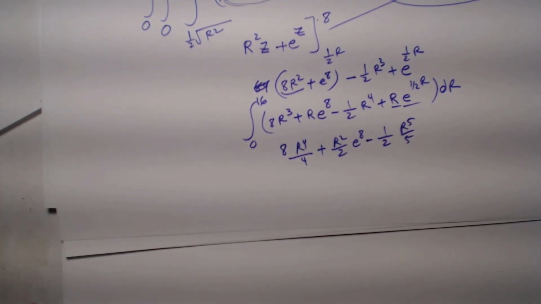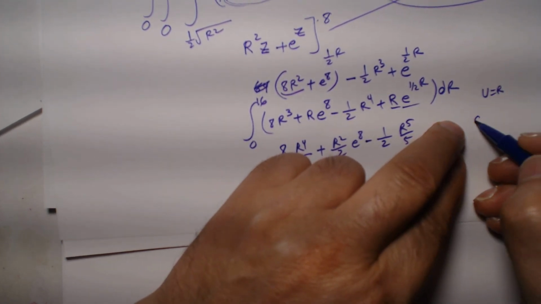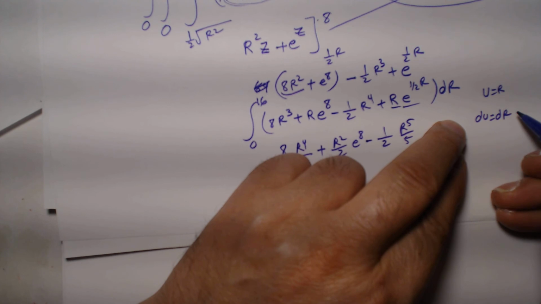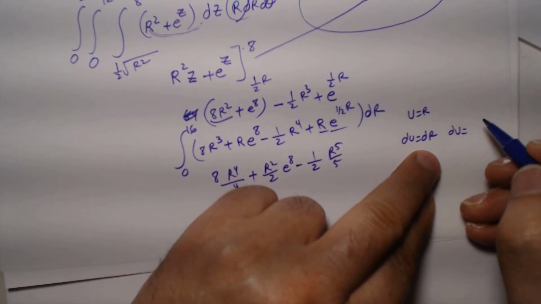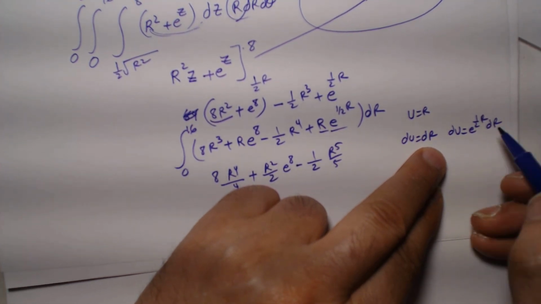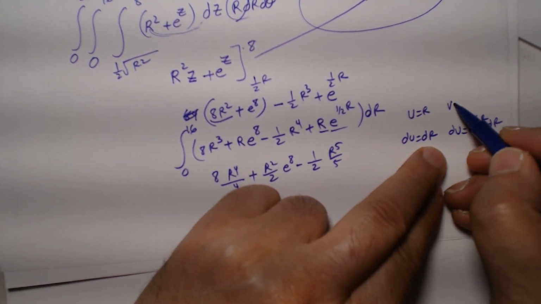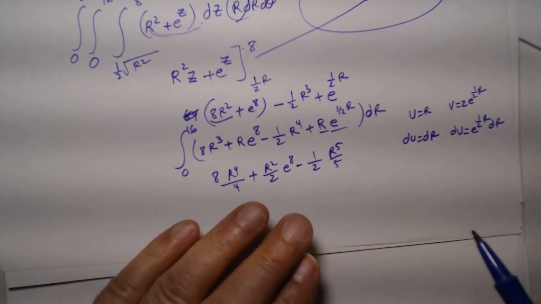I have to do integration by parts. My u is r, my du is dr, my dv is e to the power of 1/2 r dr. I do need a 1/2, therefore my v is 2 e to the power of 1/2 r.